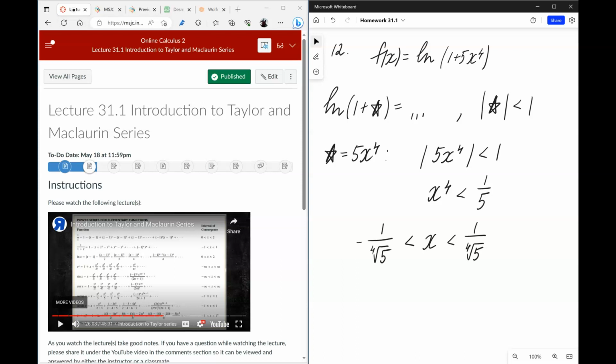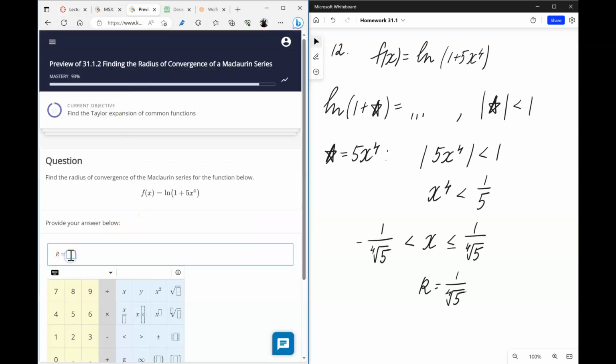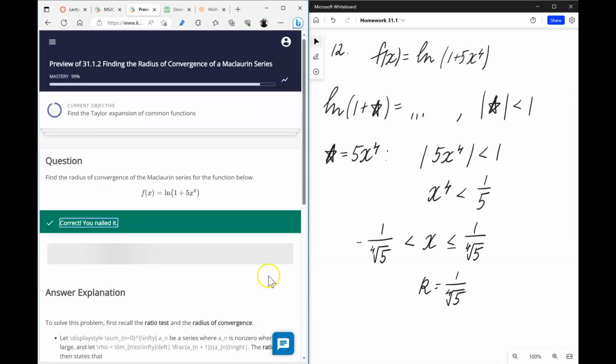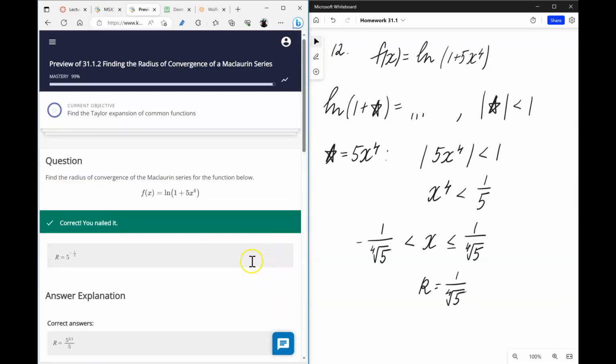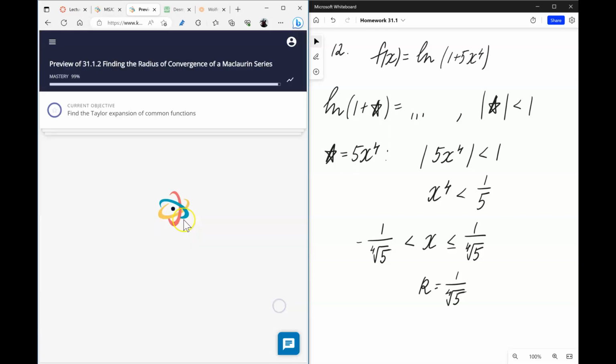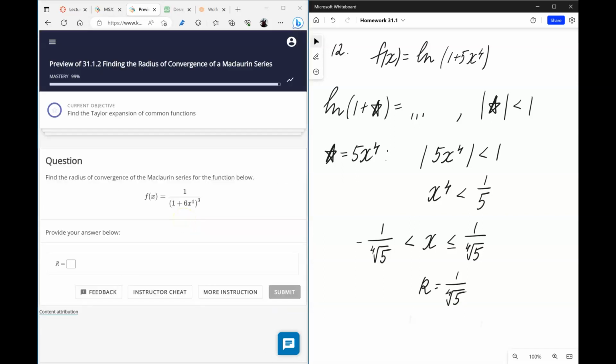So in real life, I believe this will be non-strict, but whether it is or it is not included, it doesn't affect the fact that this is the radius of convergence. Definitely don't look at that solution.